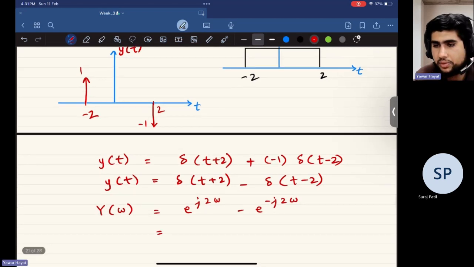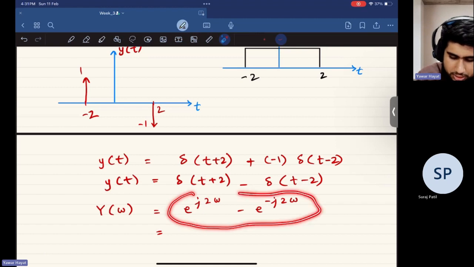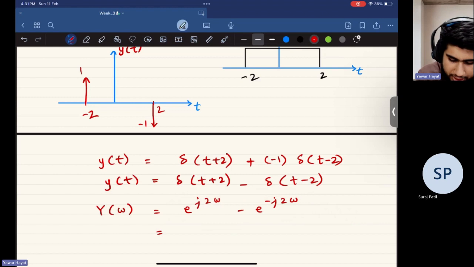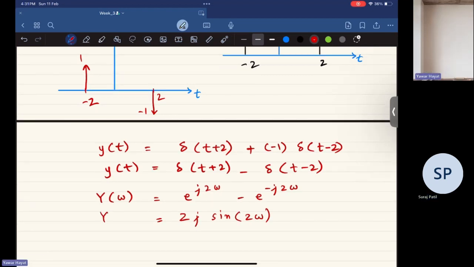In terms of sine, I can write this as 2j times sine of 2 omega. Is that okay? Yes, sir. So that is what y of omega was.